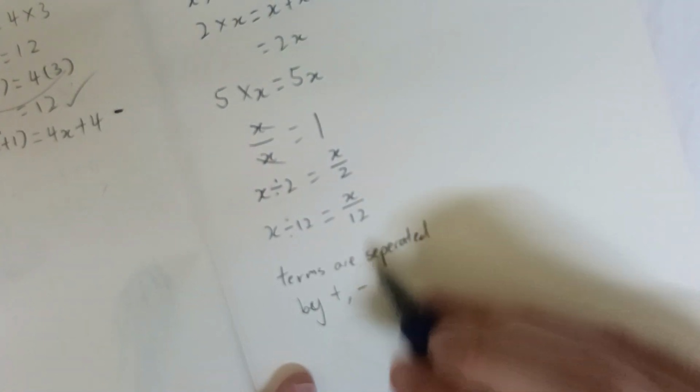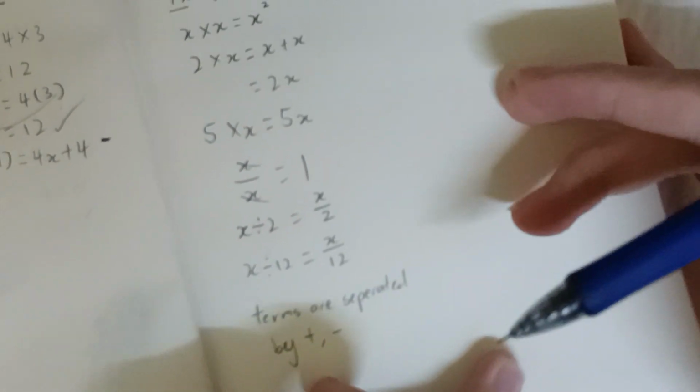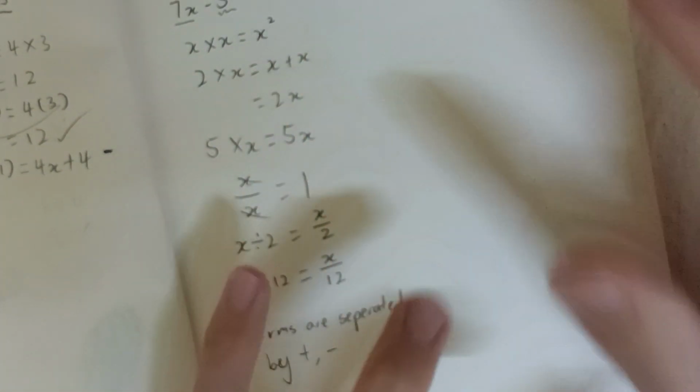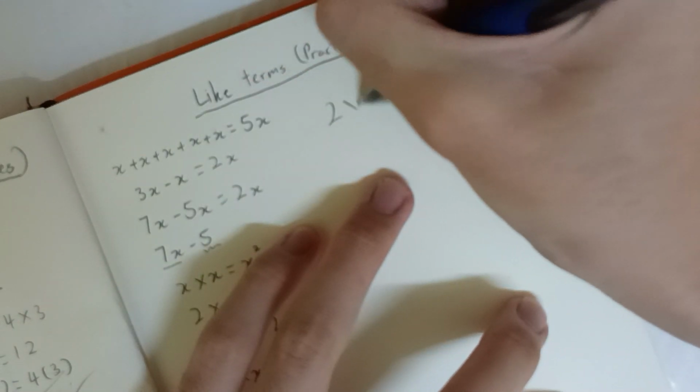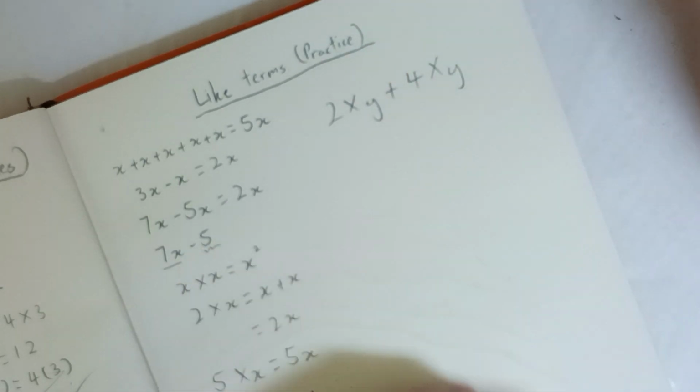So they are not separated by multiplying and dividing. That is why we want to write it in this format, 5x and x over 12, so that we can tell the terms apart.